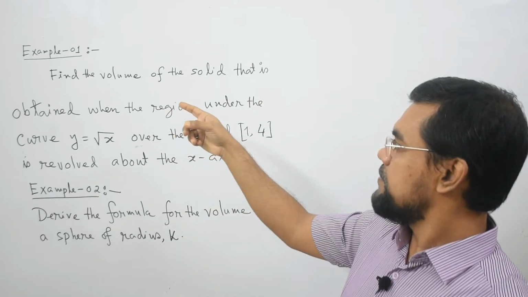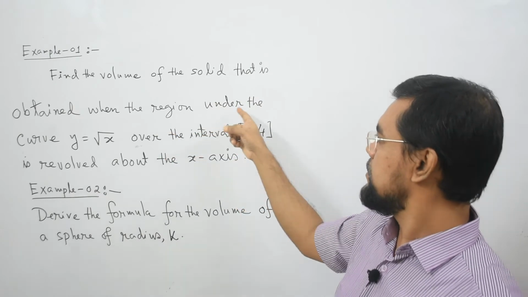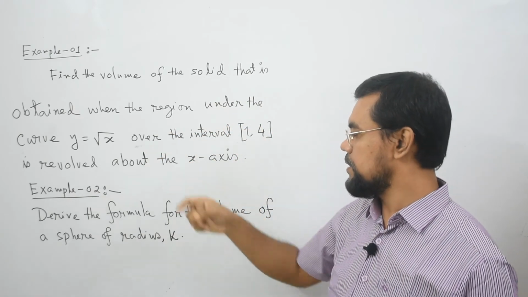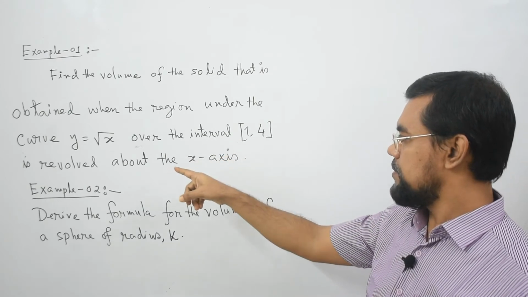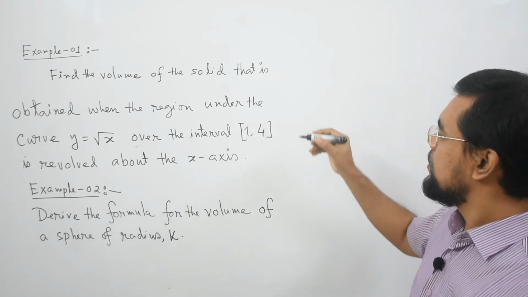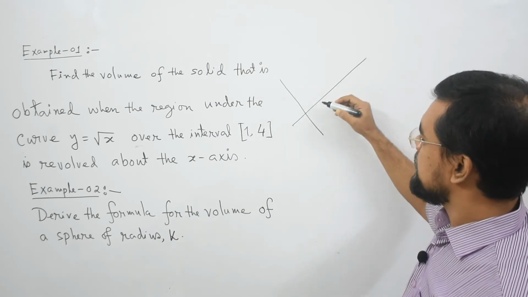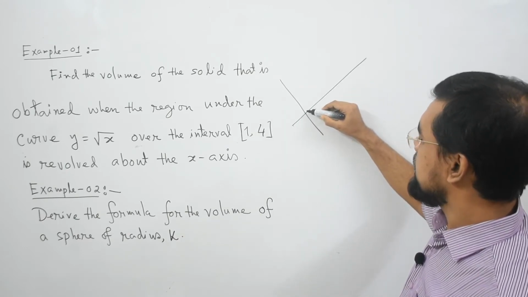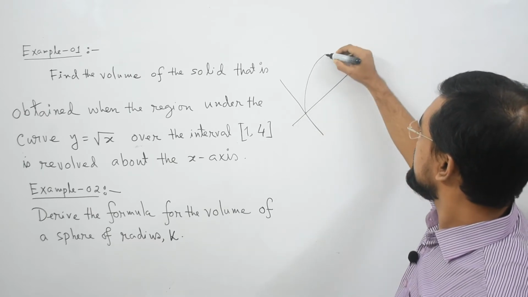Example 1, it says find the volume of the solid that is obtained when the region under the curve y equal to root x over this interval is revolved about the x-axis. So here our curve y equal to root x is like this.